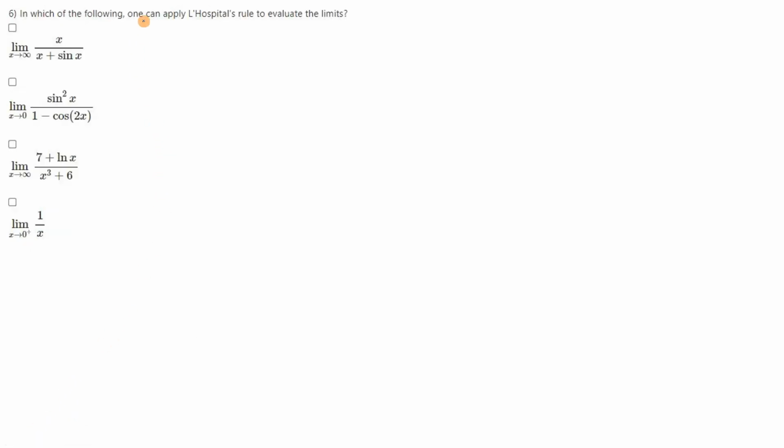Okay, so which of the following one can apply L'Hospital's rule to evaluate the limits? Okay, now let's substitute these values. We'll have infinity by infinity. So let's apply L'Hospital's rule for this. Differentiation of numerator is 1, and differentiation of denominator is 1 plus cos x. So now if we apply infinity, what will happen? Cos infinity is again infinity, right?